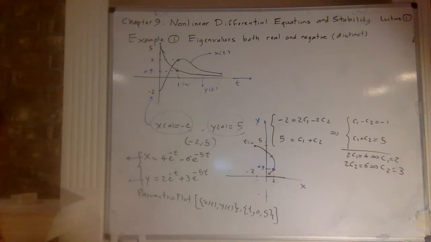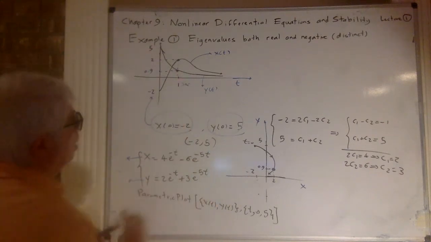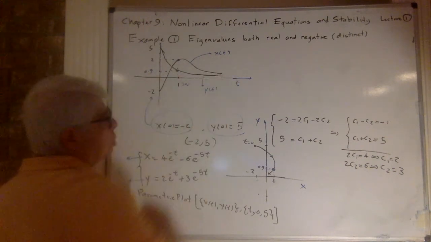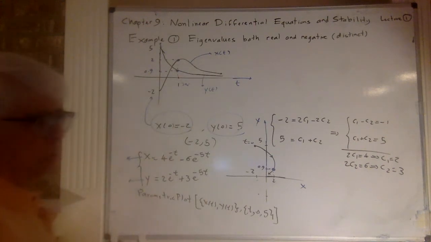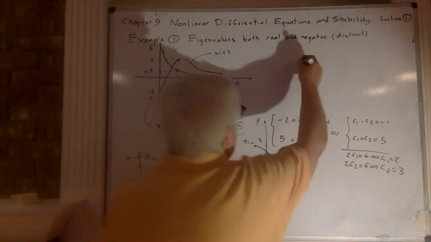So the trajectory is related to these two separately. And you can see that this goes to 0, this one also goes to 0. Why do they go to 0? When time gets larger and larger, they go to 0. Look at x and y separately.